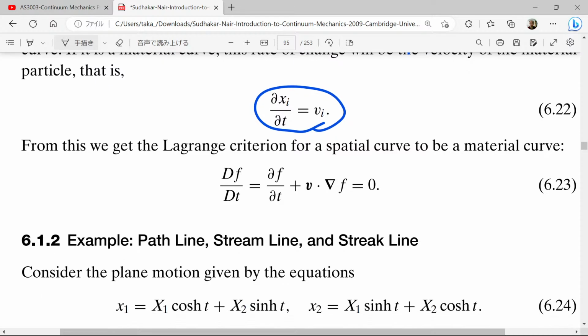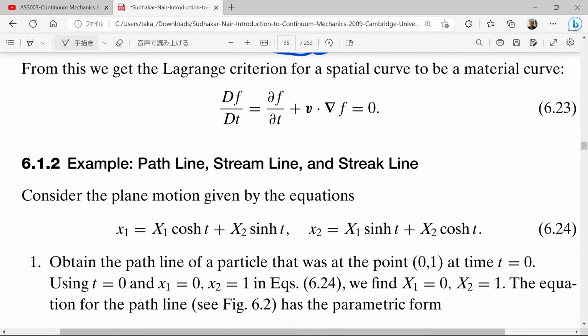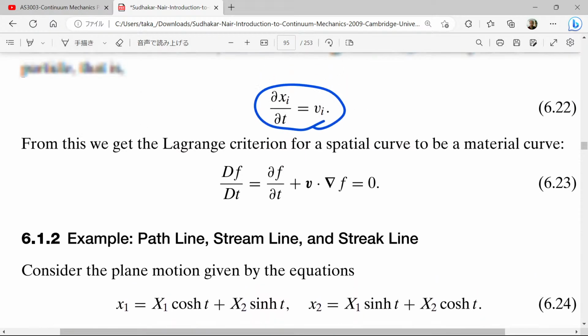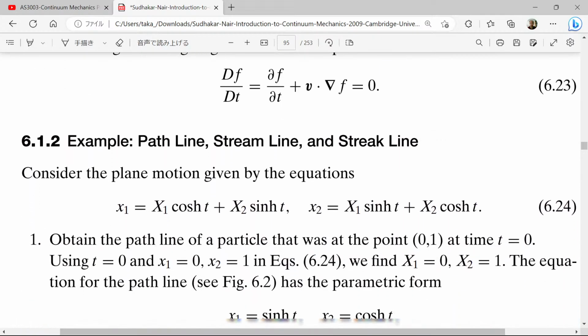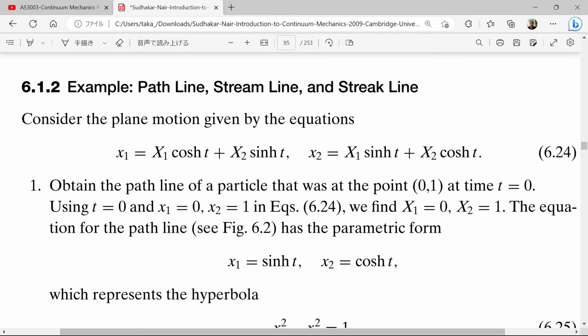Okay, let's move on to the example: path line, streamline, and streak line.